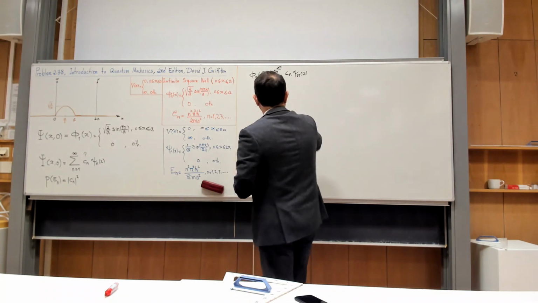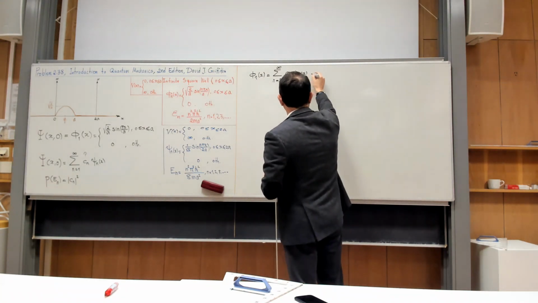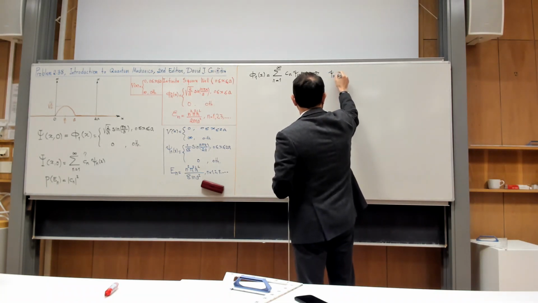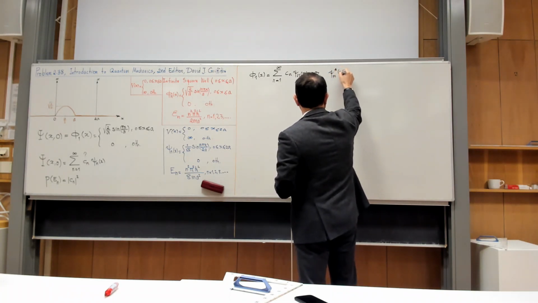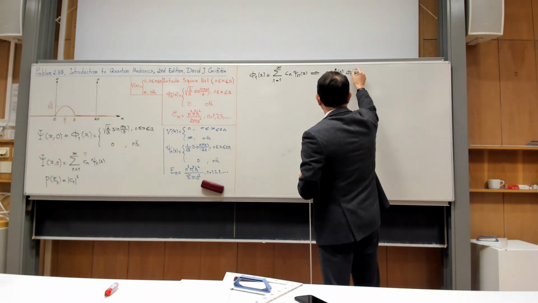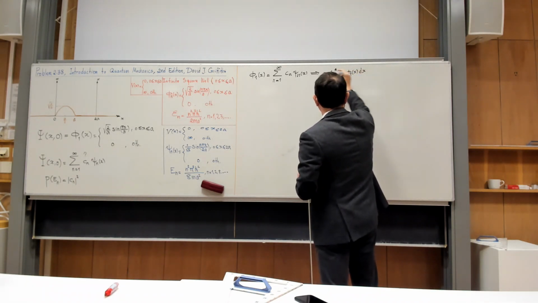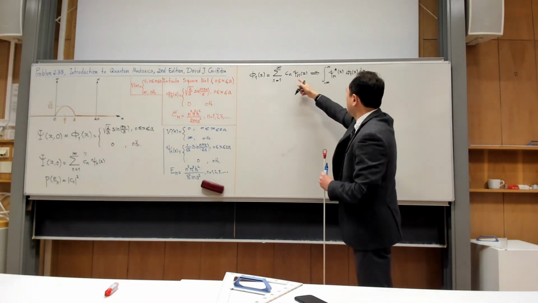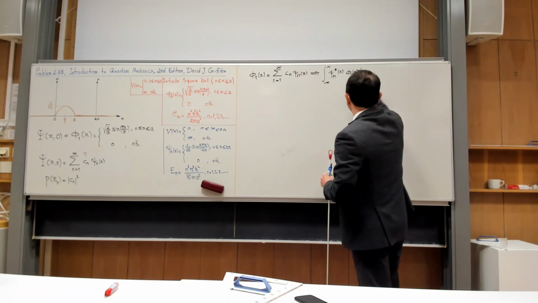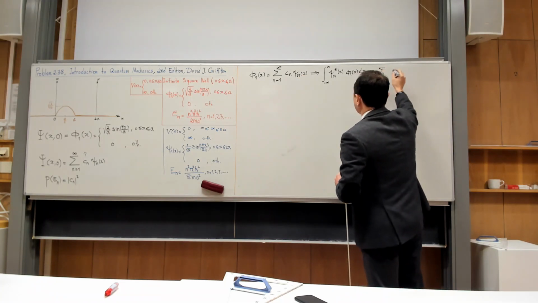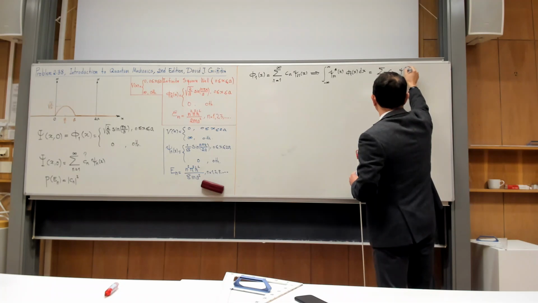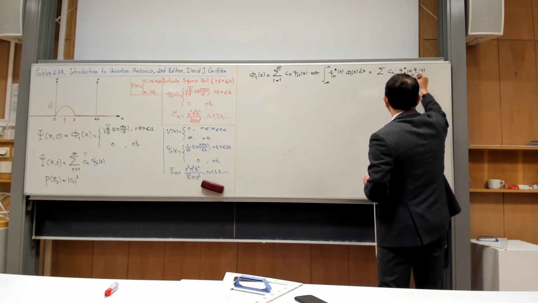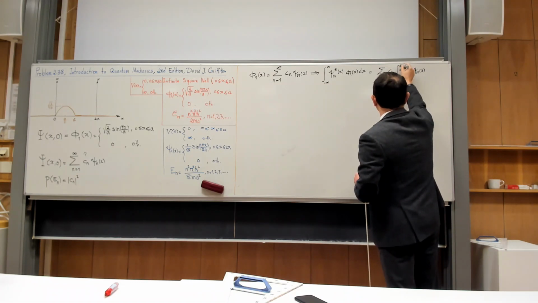And then I want to find Cn, and hopefully you remember the trick. Let me repeat it here. I multiply everything by psi m star of x, and then integrate from minus infinity to infinity, always. I will do the same thing here. So I multiply this by psi star. Let me write Cn first. Psi star m of x times psi n of x, and then integrate from minus infinity to infinity.